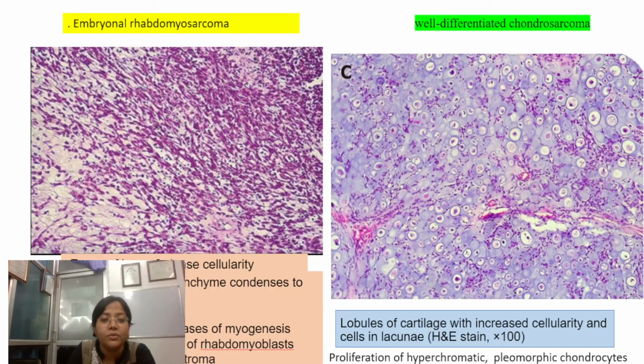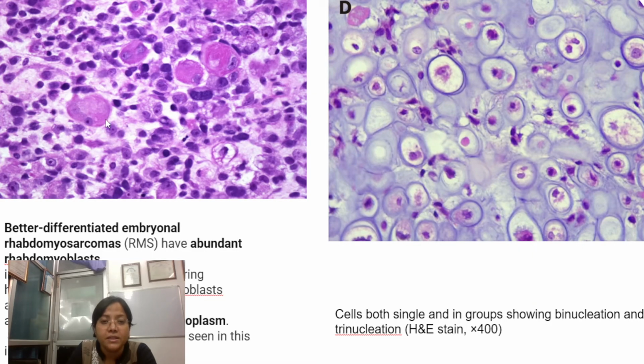In the high power view you can see better differentiation of the rhabdomyosarcoma, and these are the rhabdomyoblasts, where the cells show pleomorphism, nuclear hyperchromatism, and sometimes a tadpole like appearance.